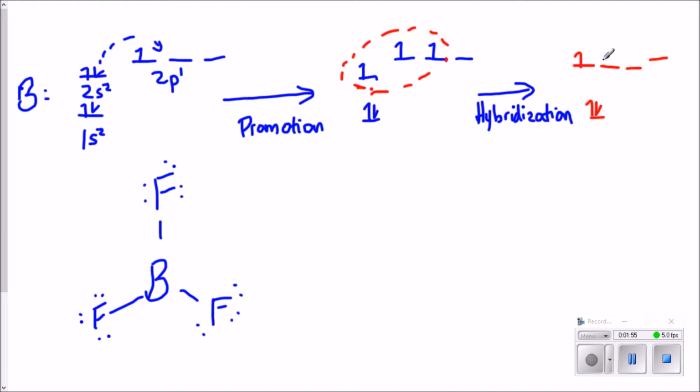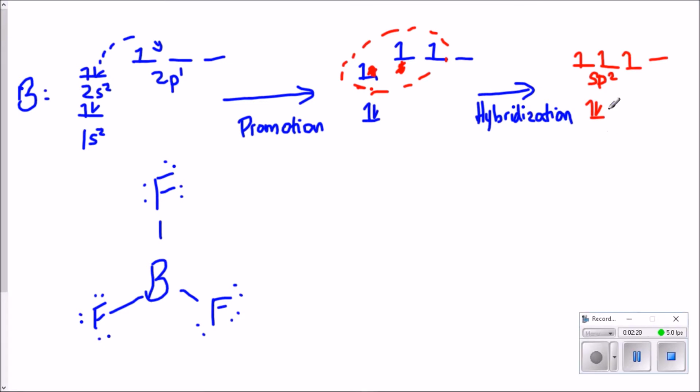Notice how the p that was left over is higher energy, and this is now sp2 hybridization. So as you can see, the s increased in energy, the p's decreased, and so you have sp2 hybridization. So one s and 2 p's came together to form sp2 hybridization.